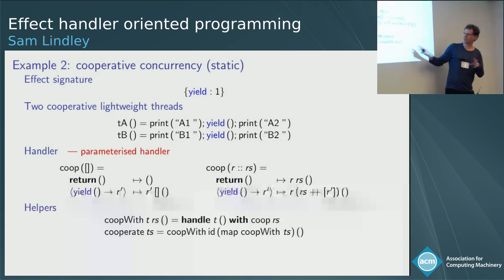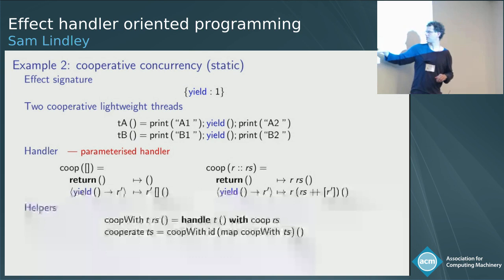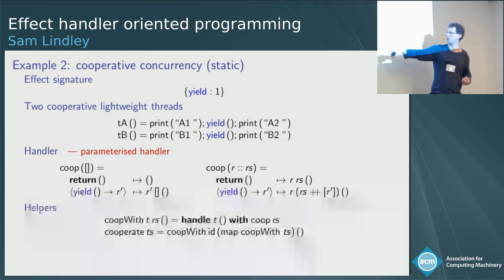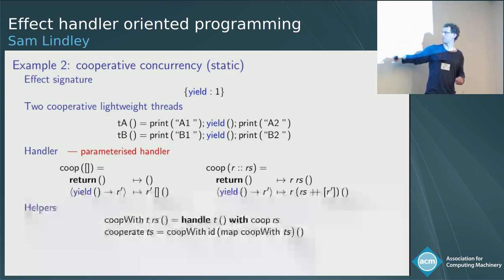So in order to make this convenient to use, we need a couple of helper functions, because you probably don't want to be explicitly having to write code that threads these resumptions through everything. Instead, we're going to represent a thread just as a function of type that takes a unit value to a unit value. So this helper function co-op with lifts a thread up to being a resumption. All it does is invoke the co-op handler with the parameters that are passed in there.